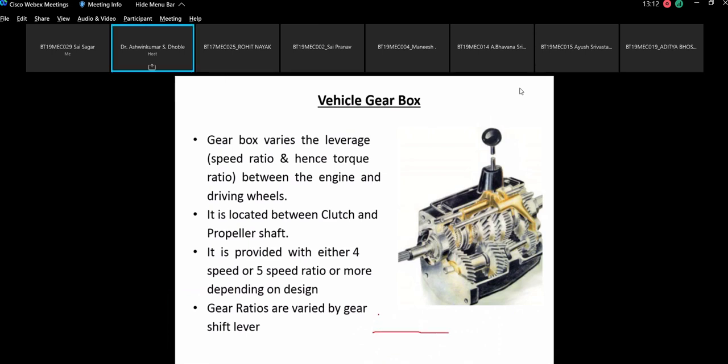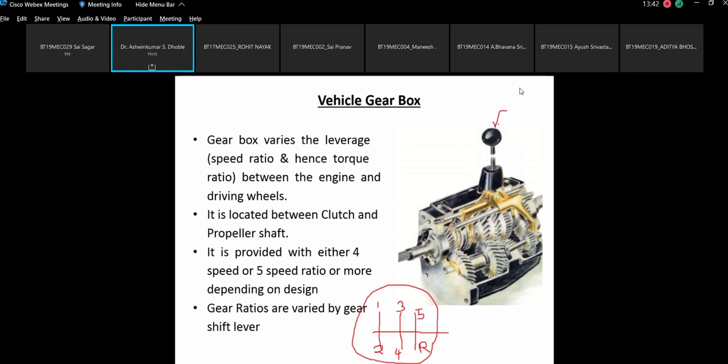So how are the gears given here? This is gear 1, this is gear 2, this is gear 3. Those who drive the car might know that this is gear 4, usually this is gear 5, and this is the reverse gear.